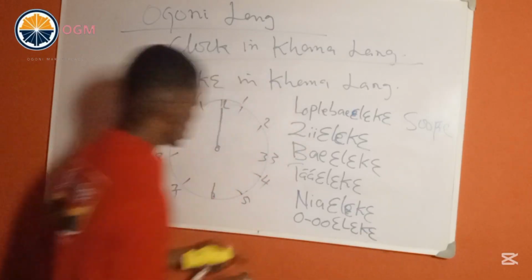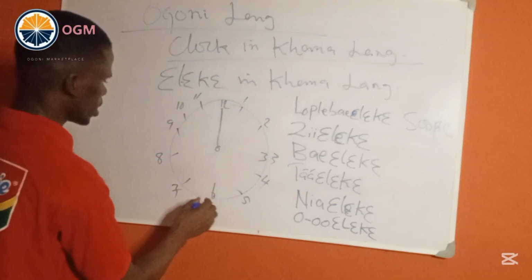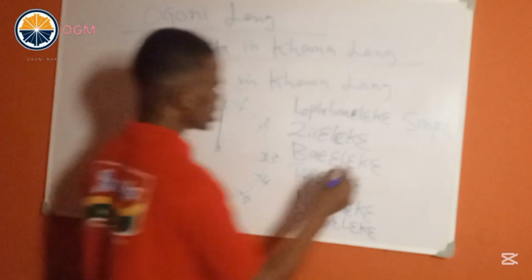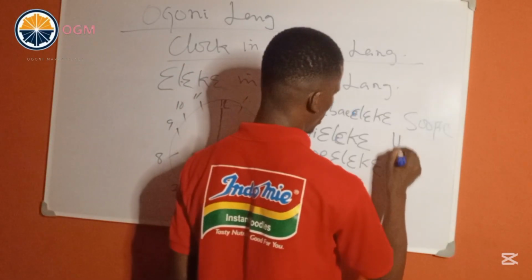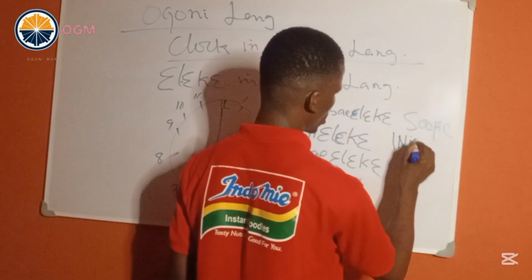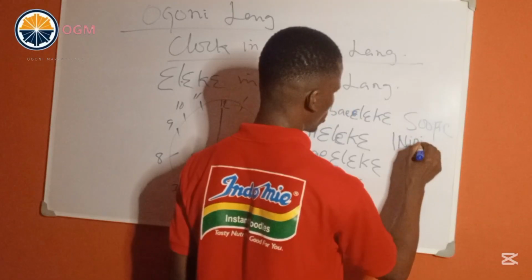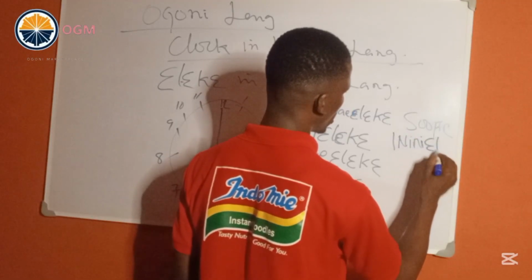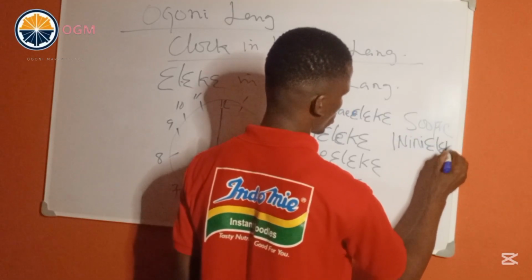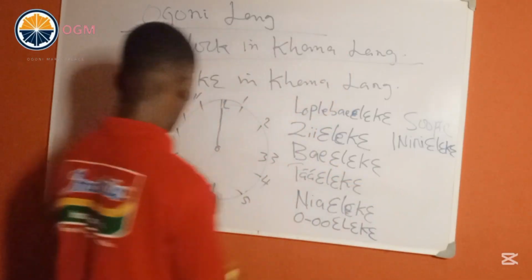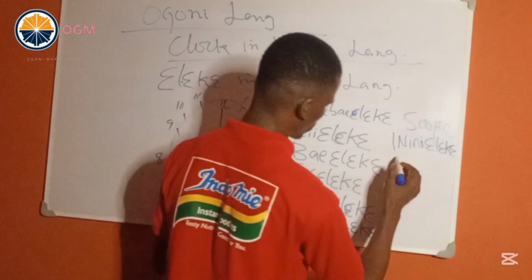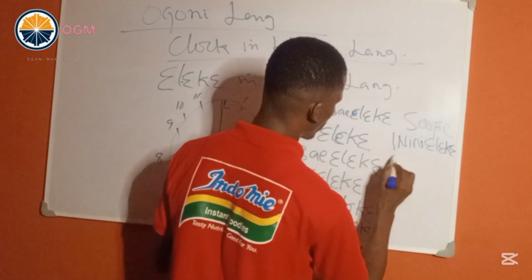Then if it is 6 o'clock, this is the spelling of 6: I N, in. Still put the eleke. Then if it is 7 o'clock, you put eleba. This is the spelling of eleba.